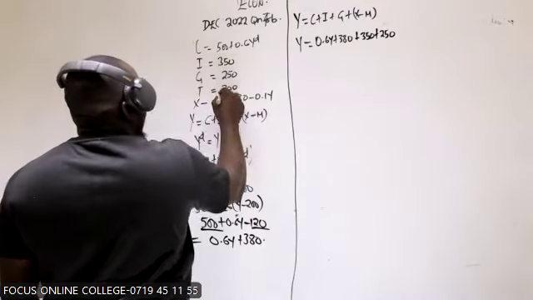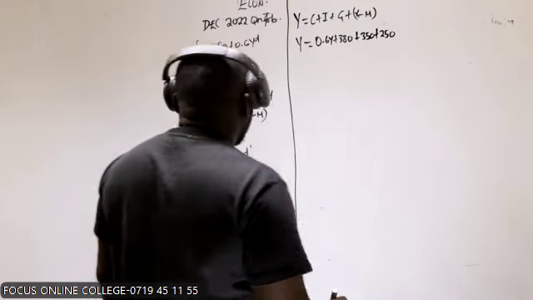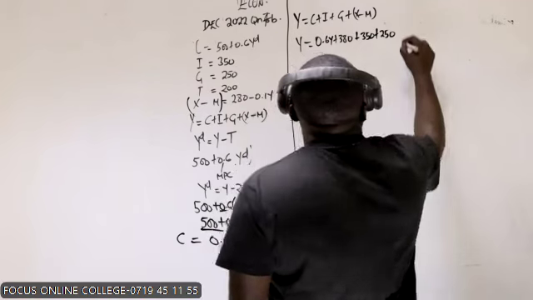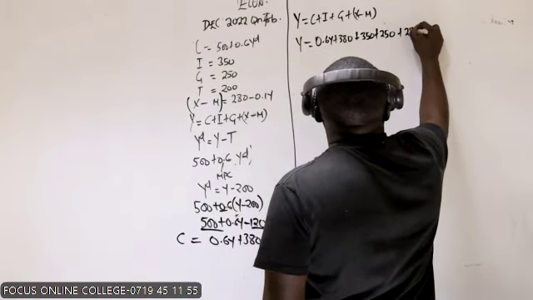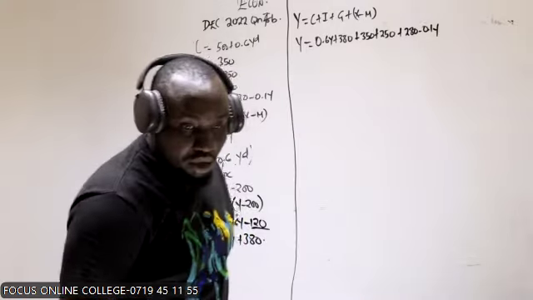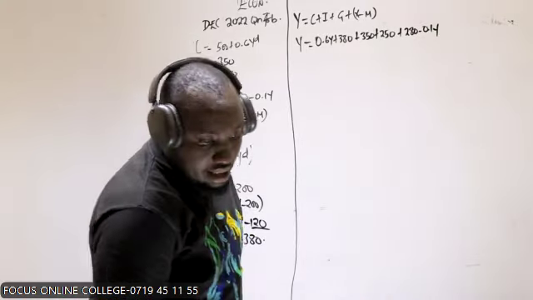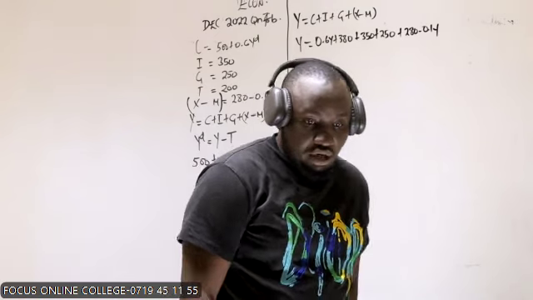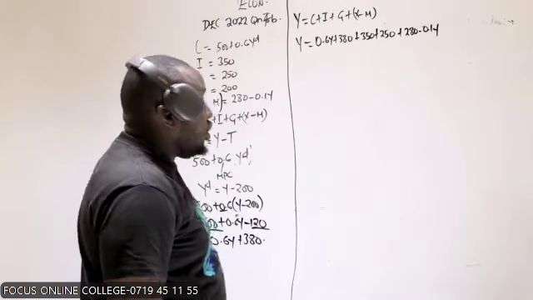What about X minus M? X minus M is 280 minus 0.1Y. Up to that point, is everybody okay?